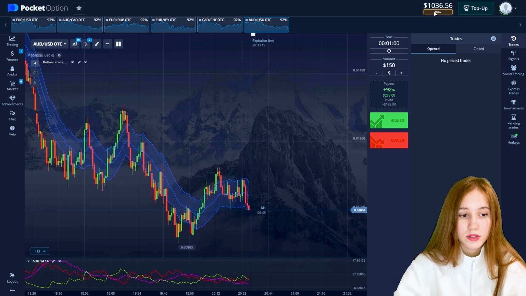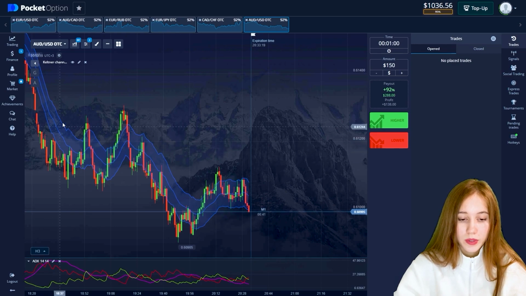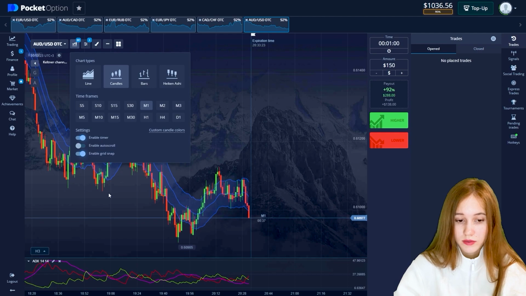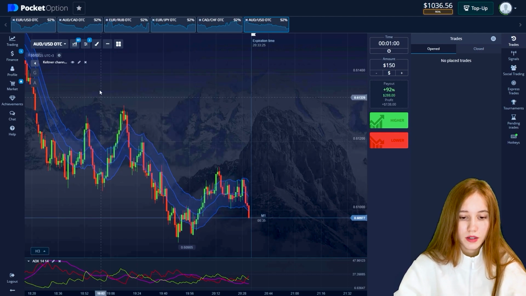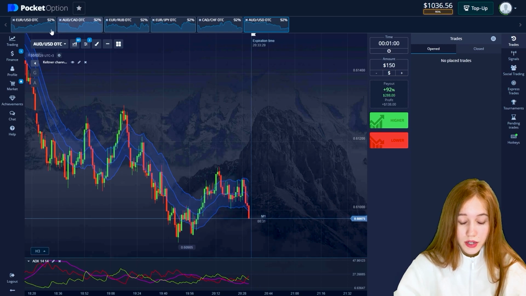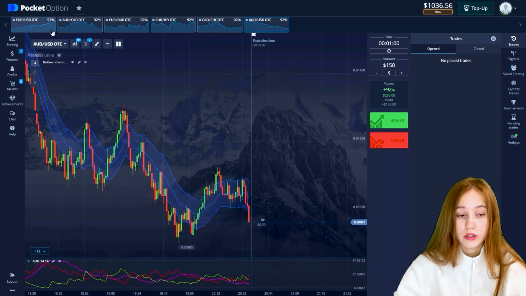We used 1 minute time frame and we used the concept pairs with payout percentage more than 70%. It's very important. We used two indicators and also we used technical analysis for general analysis.